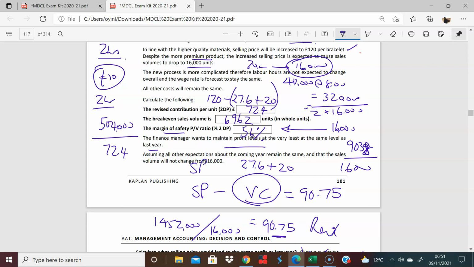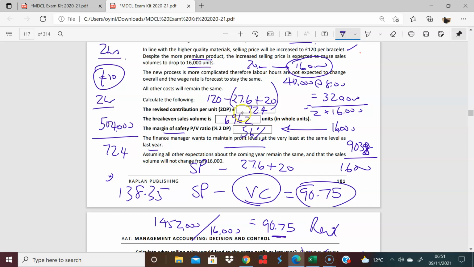So selling price minus these two things gives me 90.75, which means my selling price is 90.75 plus 27.6 plus 20, which is equal to 138.35.